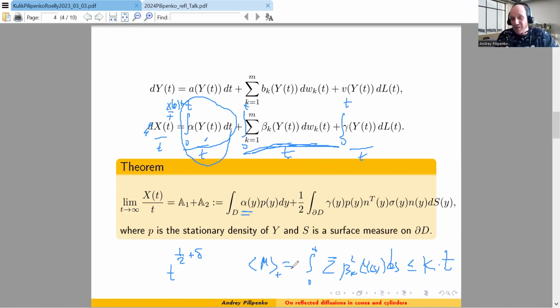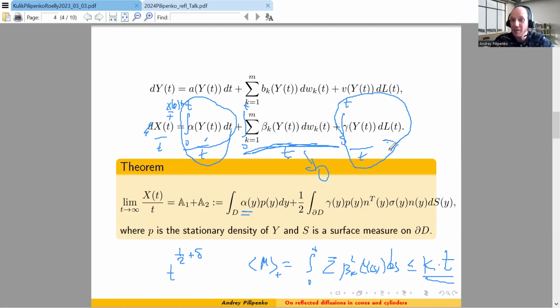Because this martingale is a transformation of a Brownian motion, and this function does not increase too fast. And for Brownian motion, we know the law of iterated logarithm, so this converges to 0. And we have the third part with the local time.